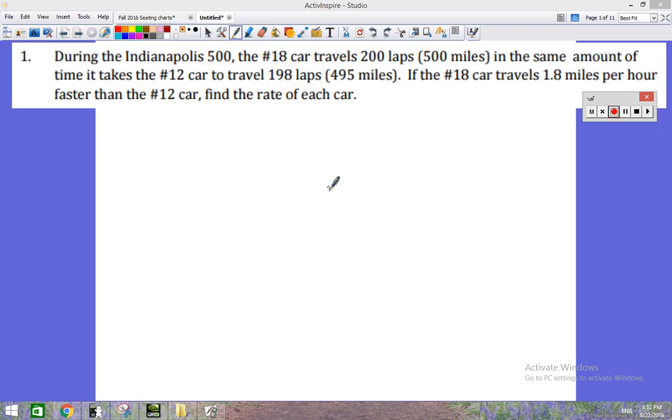Alright, so it tells us in the same amount of time. So we're going to take a look at the time that the number 18 car was driving on the track, and we're going to set it equal to the length of time that car number 12 was driving on the track.